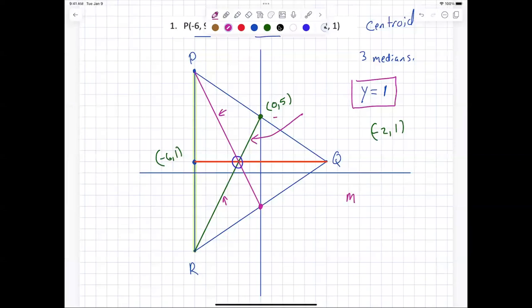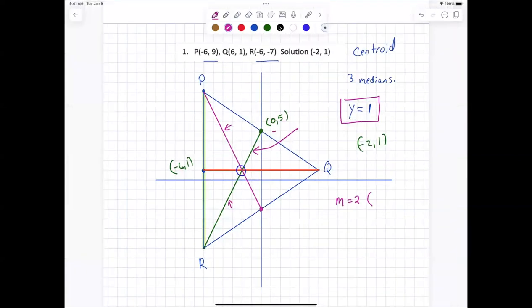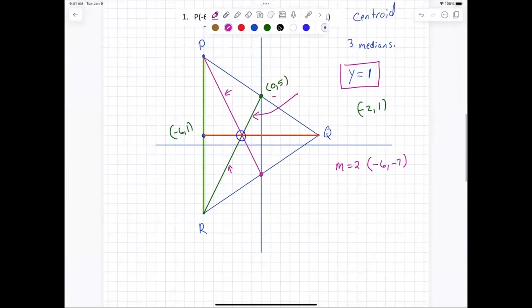So the slope of that line is equal to 2, and it passes through what point? Well, R we know, and R is -6, -7. We could have also chosen 0, 5. Agreed? Wouldn't we say that's where the y-intercept is? If you want to choose 0, 5, choose 0, 5.